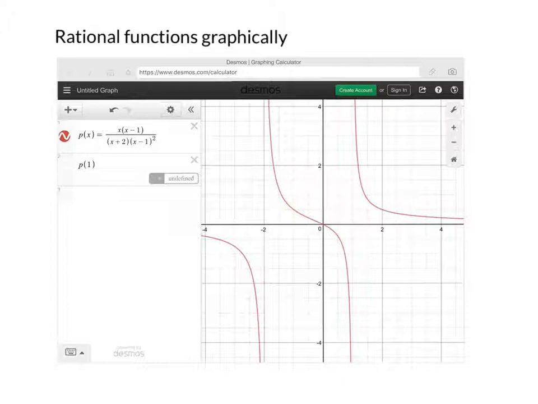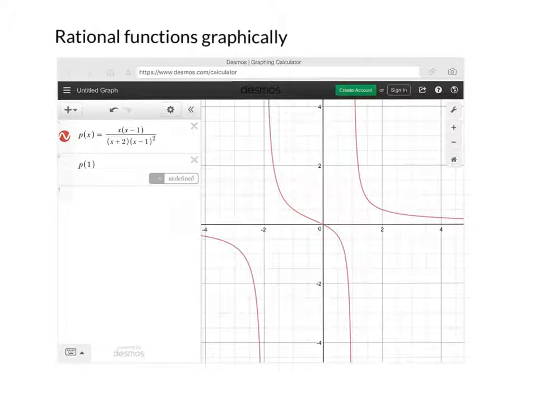So by exploring this way, we're able to make some observations. It seems like when you have the form 0 over 0, which means your numerator and denominator share a factor, they're polynomials and they share a 0, you're going to get the form 0 over 0, and there are really two things that can happen. Either you're going to have a hole in your graph, or you're going to have a vertical asymptote.